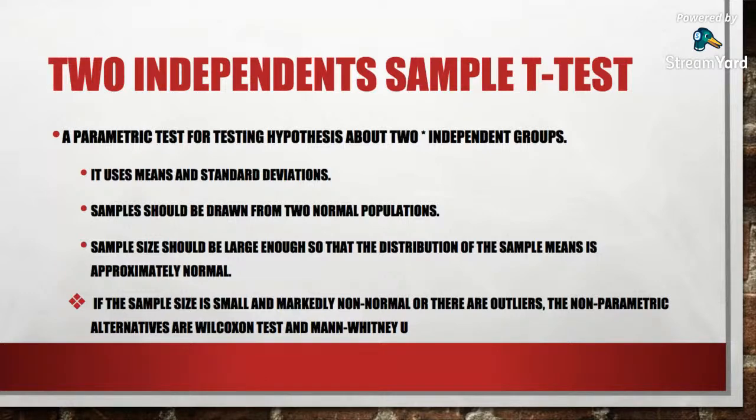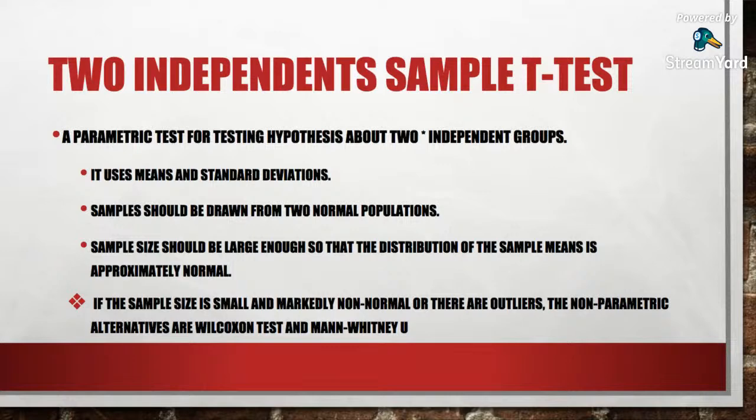Okay, so yun. All right. So for a parametric test in testing hypothesis about two independent groups, it uses means and standard deviations. Okay. So if you're going to perform this manually, you really need to compute for the means and the standard deviations of the two independent groups, because if you're going to use the formula in manually computing for the value of a parametric test for two independent groups, then you need your means and standard deviations.